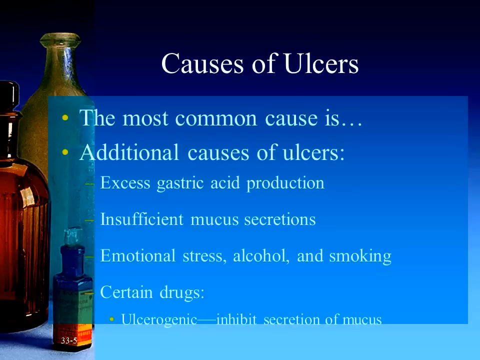So, what causes these ulcers that occur in the duodenum and the stomach? The most common cause of peptic ulcers is an infection that's caused by a bacterium. It's called Helicobacter pylori, commonly called H. pylori.